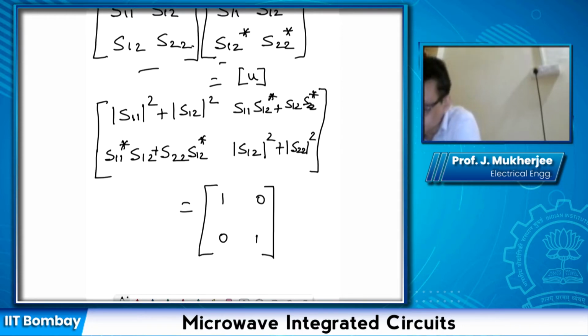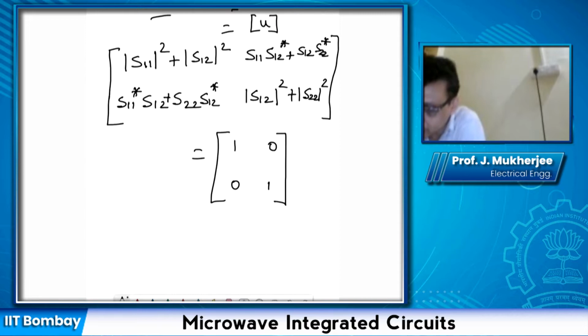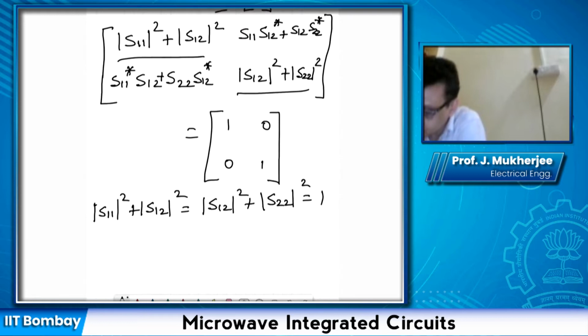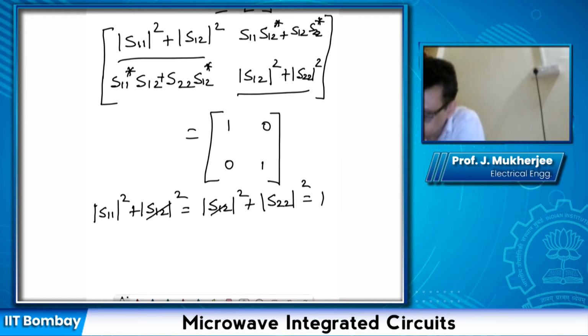So I can have four individual equations from this matrix equation. So the first, let's consider this one. So this expression and this expression should be equal to 1. So we have, okay, so this to cancel.